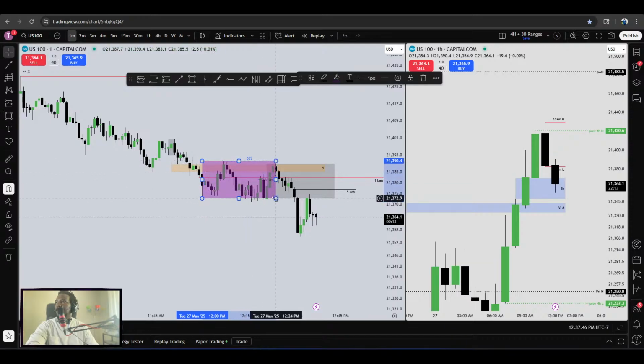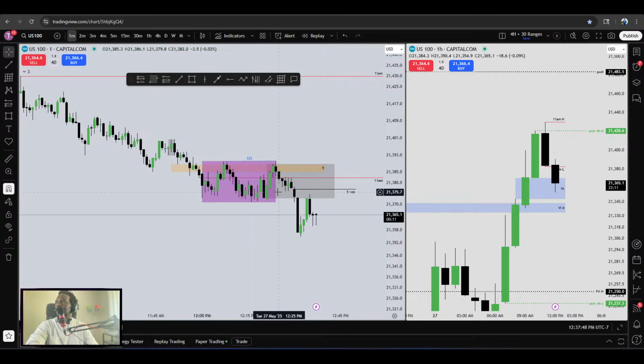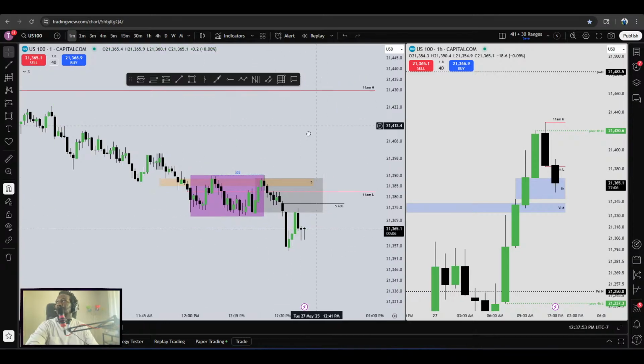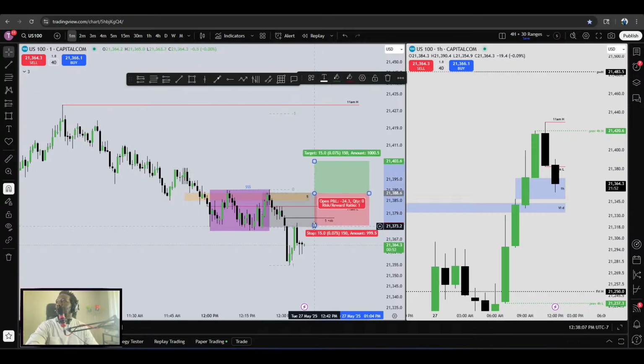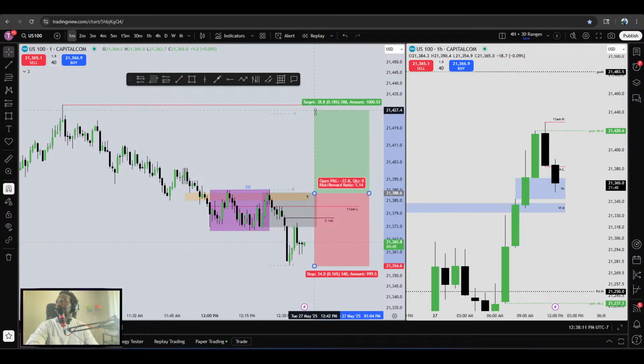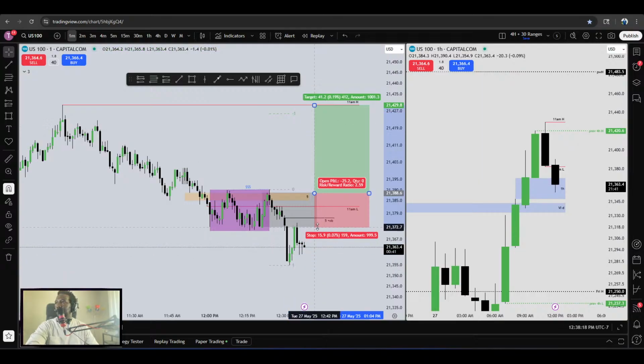We can have that consolidation, manipulation, so we can close above that, then we can see if we can get some quick move at least to this area, which is pretty much to that 11 a.m. So we are looking at a potential, what's that, like 1:1, 1.2. And if we can get stingy with that stop loss, nah.